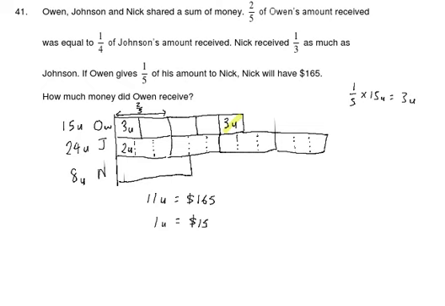Okay, now, how much money did Owen receive in terms of units? 15 units, right? So to find the answer, $15 times 15 units. Okay, equals to $225.